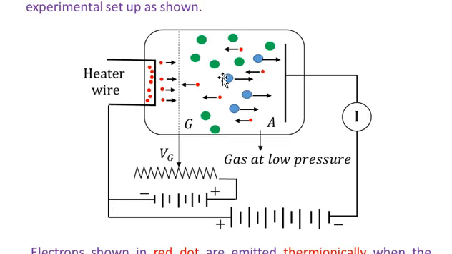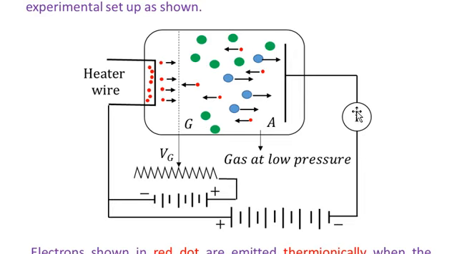Since these are ionized mercury atoms and the plate is connected with a negative supply, at a negative potential, these positively charged blue dots, the singly ionized mercury atoms, will move towards the plate. When they move towards the plate, of course a current is detected.